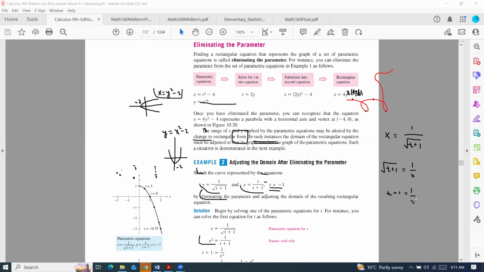And then you'll be able to actually pull t out. There's going to be 1 over x squared and subtract 1, right? So this is our parameter t that I can now plug into the second equation.